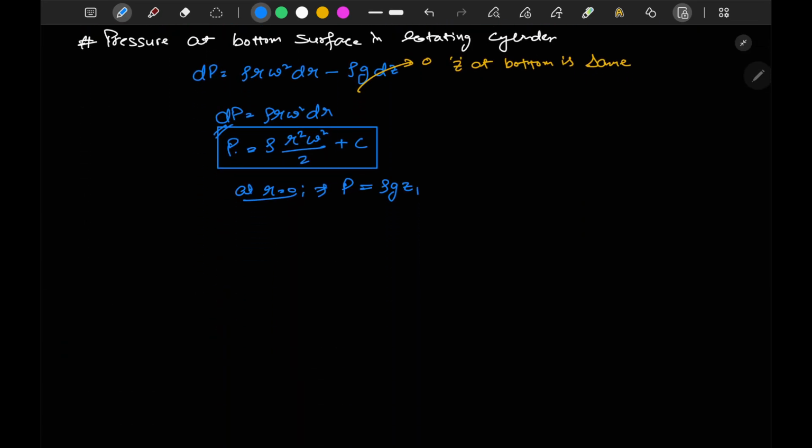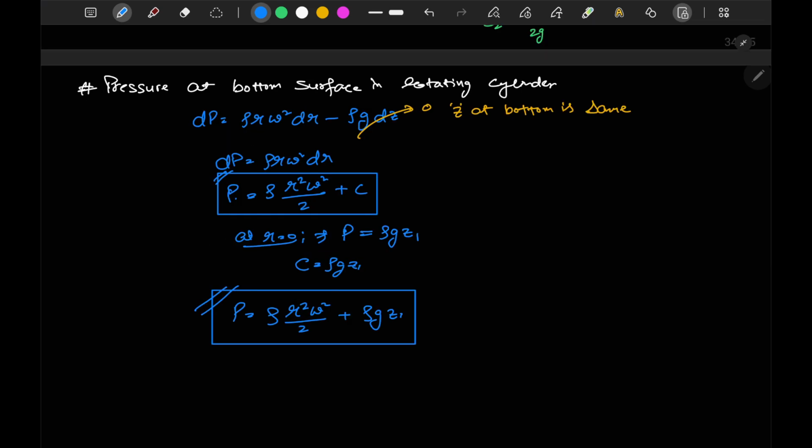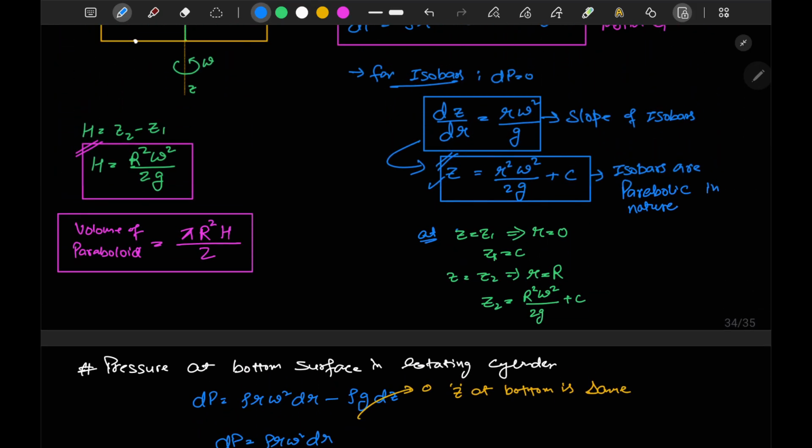We substitute this value here, so c is equal to rho g z1. So your pressure is equal to rho r square omega square by 2 plus rho g z1. This is the pressure equation at the bottom of your cylinder.